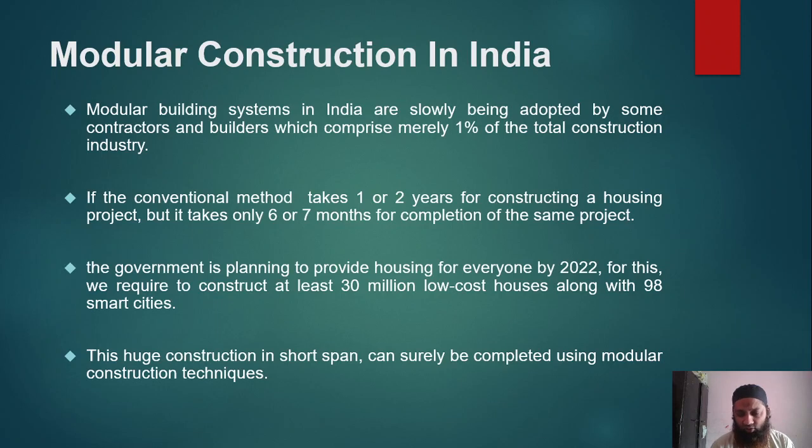As we told you, the on-site construction can take place simultaneously, while prefabricated elements are manufactured directly in the industry. So the work is happening simultaneously, and because of that, the time can be reduced to a very big extent. The projects taken up by the government can be achieved by using modular construction.